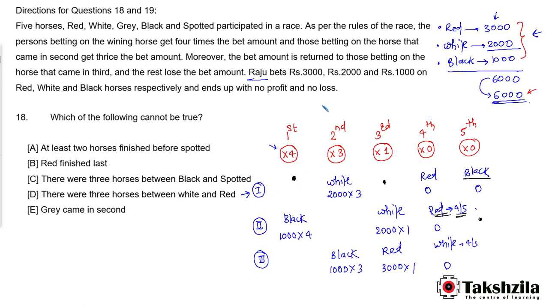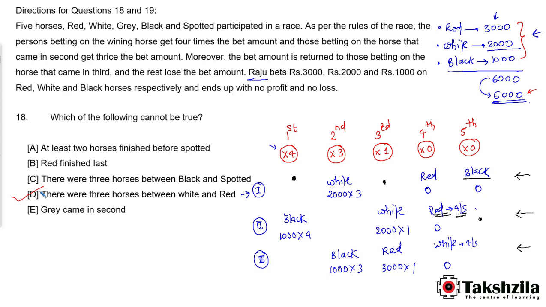It is very much possible. Statement D, there were 3 horses between white and red. Over here, with white and red, there are 3 horses in between, not possible. Over here not possible. White and red over here also not possible. So option D cannot be true here.